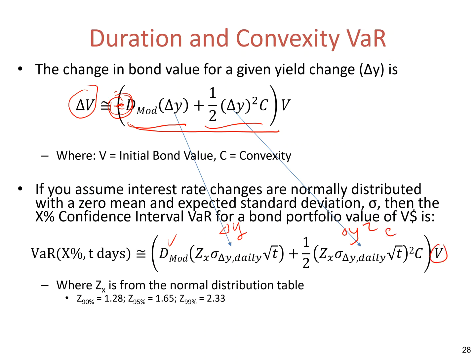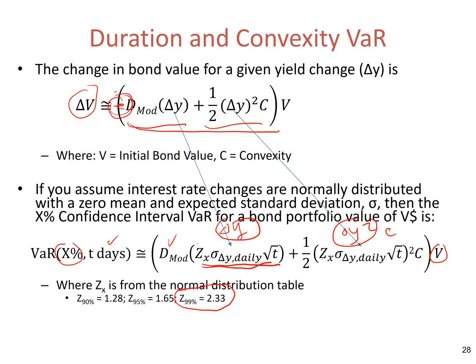However, I'm going to replace the delta Y, not with some arbitrary 50, 100 basis point change. I'm going to use a change that assumes a normal distribution, consistent with my confidence interval. In other words, if I'm looking for a 99% confidence interval VaR, I'm going to find a 2.33 standard deviation change in yields over that time period.